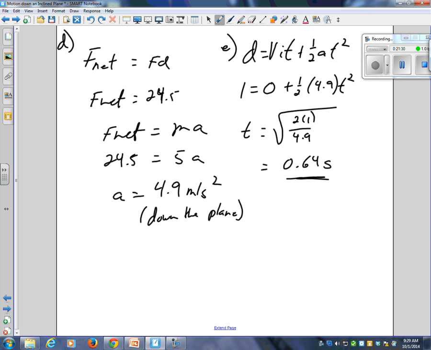Anything new here at the end? Like, this is just old stuff, right? We're just adding on another layer. And same thing in part F. VF equals VI plus AT, I think, right?